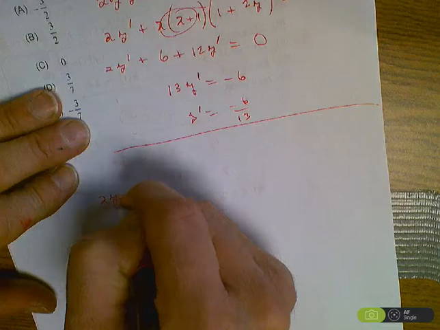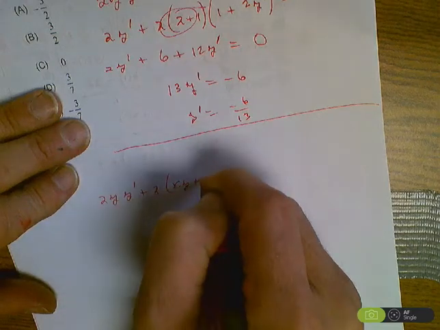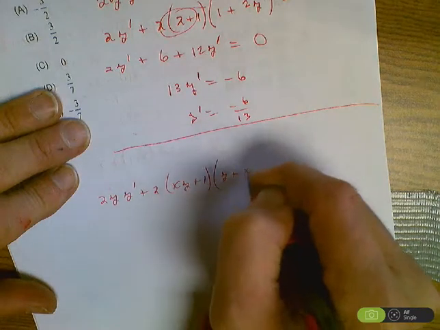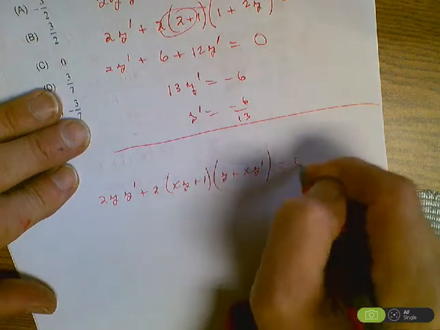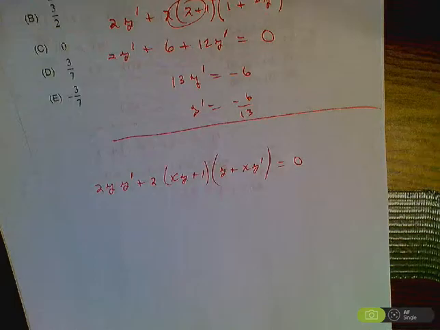2y prime plus 2xy plus 1 to the first power, y plus xy prime equals 0. Then I put in the numbers again. I try not to look at what I did.